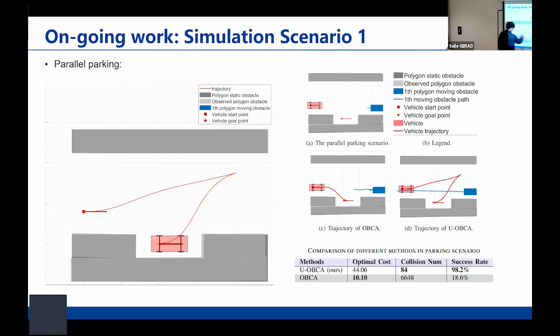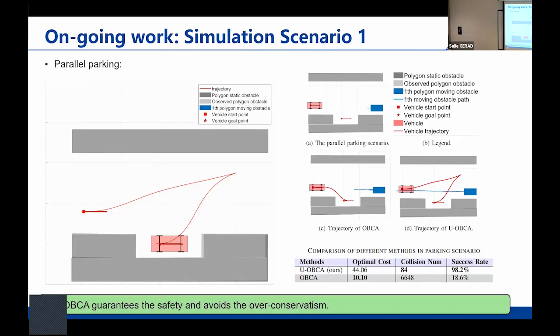So we decide to let this vehicle pass and then try to park in parallel. Compared to the original one, we have a better success rate and fewer collisions. And this is OBCA, right?